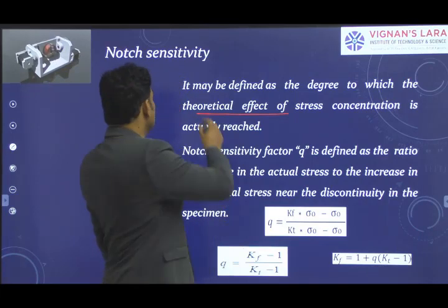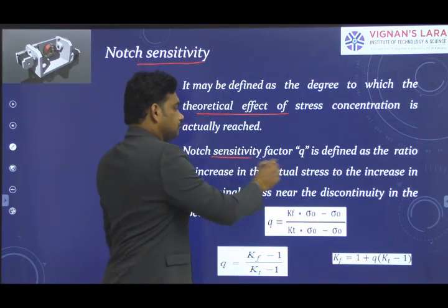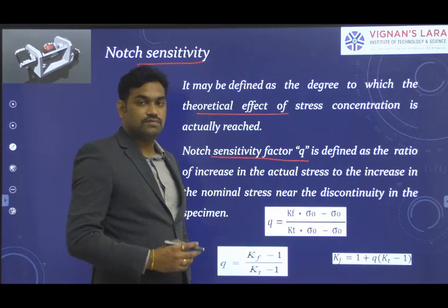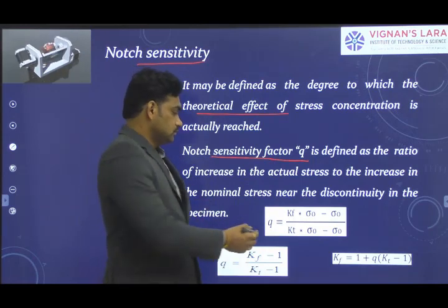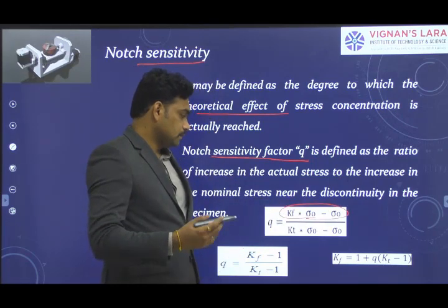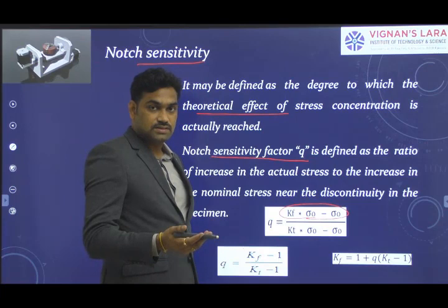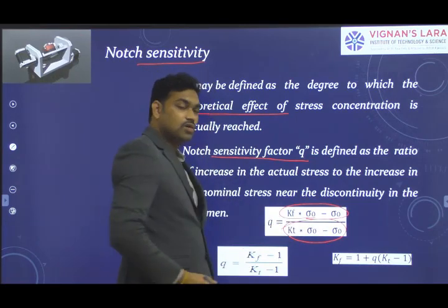So we use the notch sensitivity factor, which is denoted by Q, and it is defined as the ratio of the increase in actual stress over normal stress to the increase in theoretical stress over normal stress.